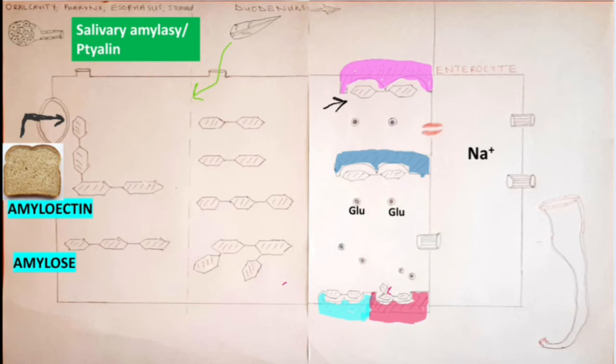Salivary amylase is the enzyme found in saliva from the salivary glands, if you remember them, like the submandibular, sublingual, or parotid gland. This salivary amylase, known as ptyalin, will break down these linkages, alpha 1,4 and alpha 1,6, like this.